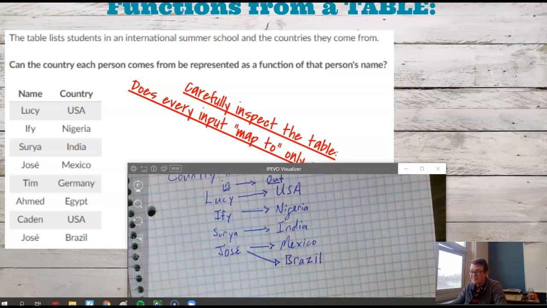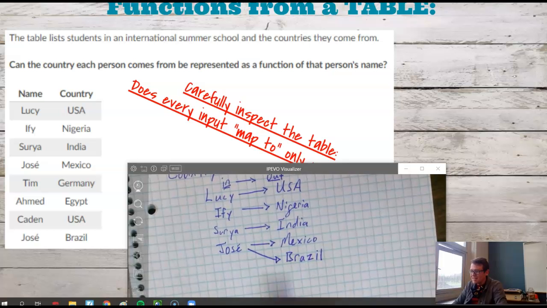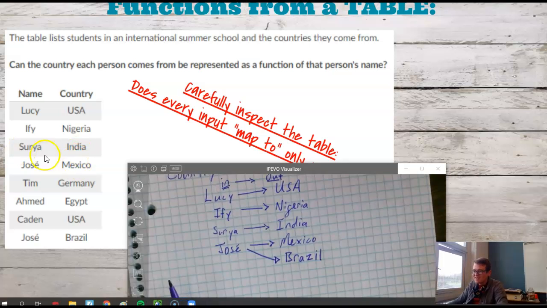So Adam's absolutely right, guys. It's really hard to see because unless you look at the entire table, you miss it that Jose is both from Mexico and from Brazil.